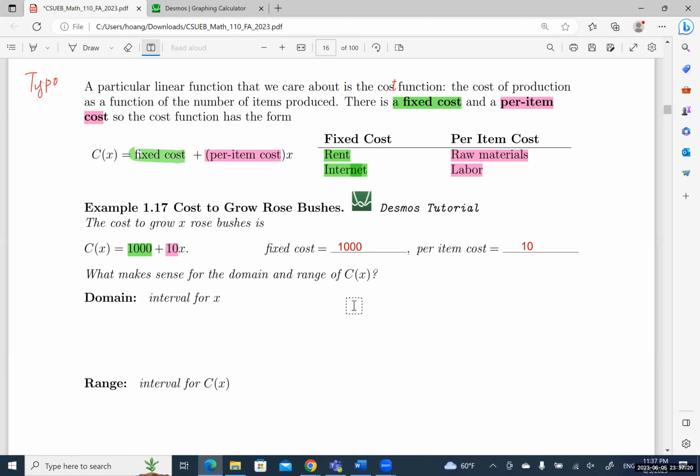Okay, so what makes sense for the domain and range for C(x)? As you see, the domain is the interval of x in here. You can start with x equal to 0 as the smallest.